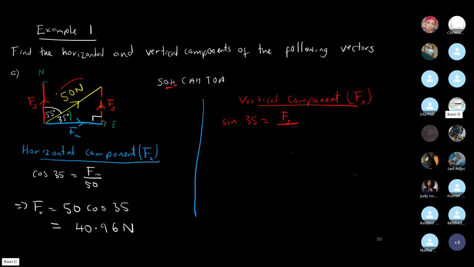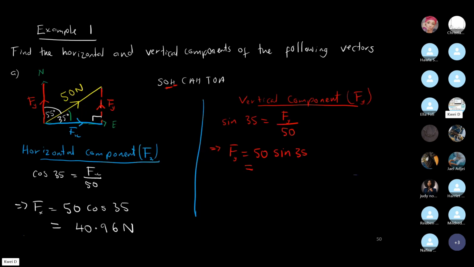If we make Fy the subject, we get F subscript y, that is the vertical component, will be 50 multiplied by sine 35. And what will that give you? 28.67.